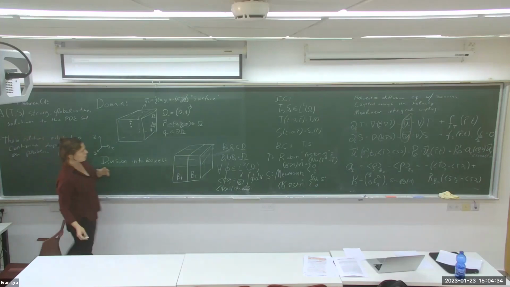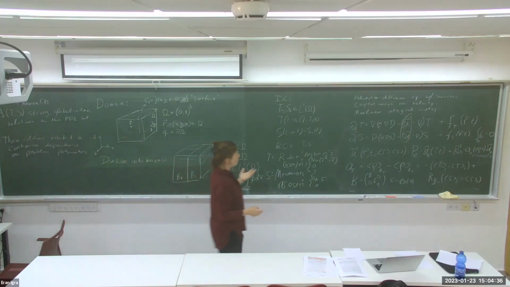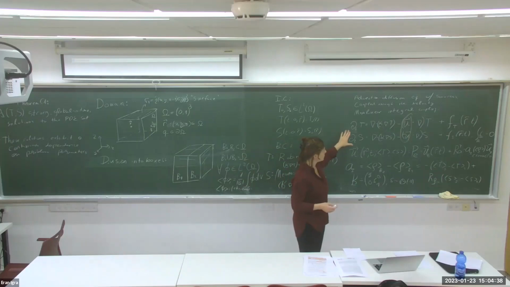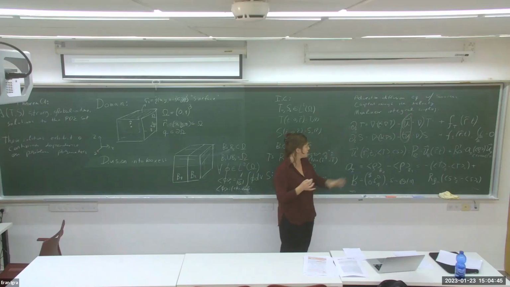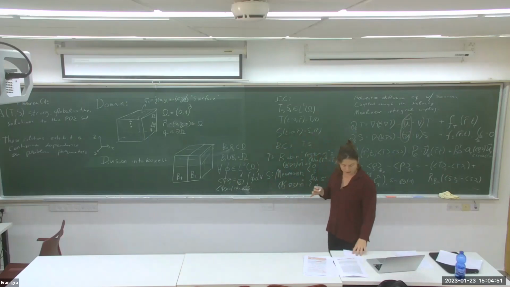So first of all, when I say strong solution, I mean a solution that satisfies these equations almost everywhere. We would, of course, like to have a solution that satisfies it everywhere, but we don't need it. There are also conditions to get a classical solution.